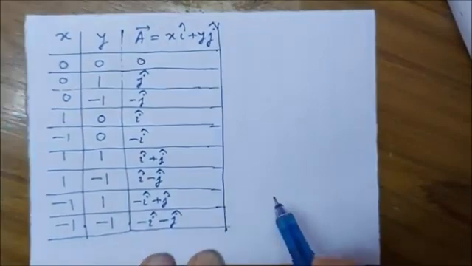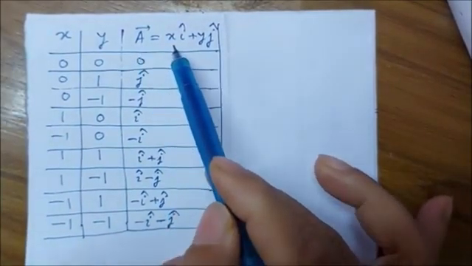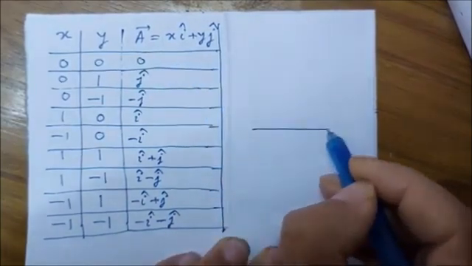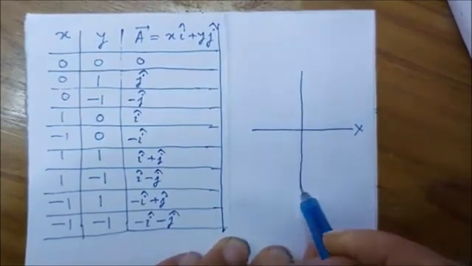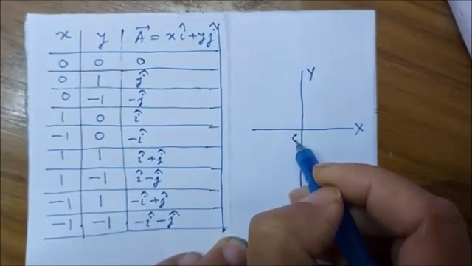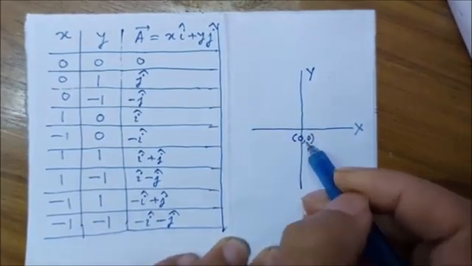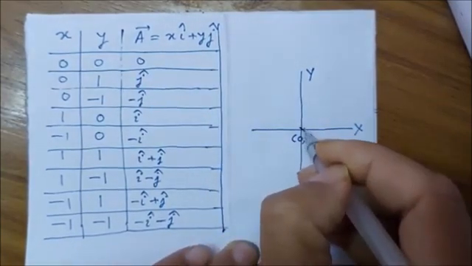It is now our turn to make a plot. Let us now make a plot of vector A in the 2D xy plane. So this is the x-axis, and this is the y-axis. This is the origin where vector A is 0. So we start from here.